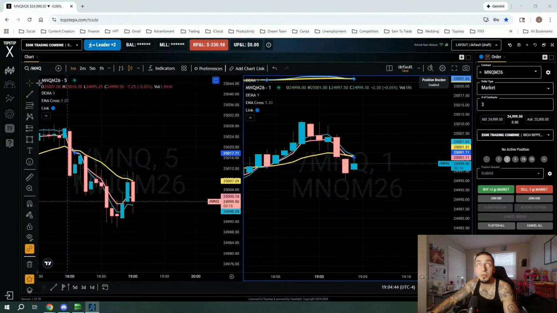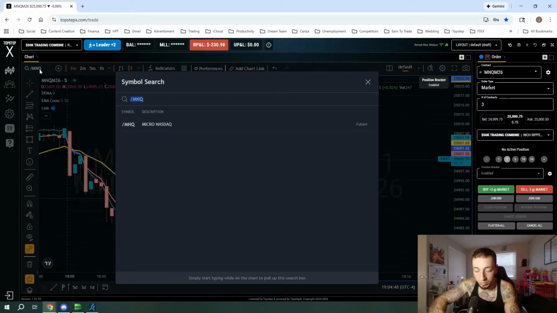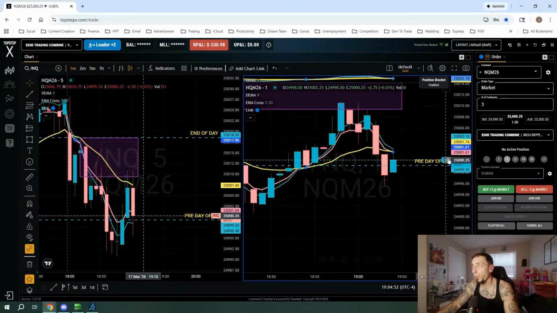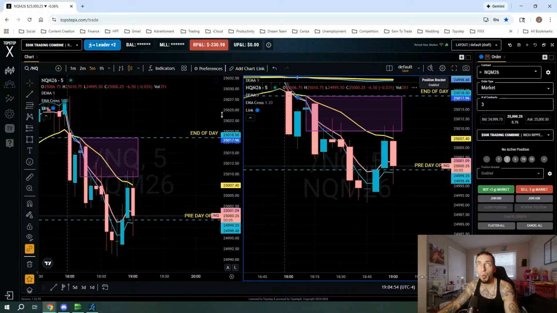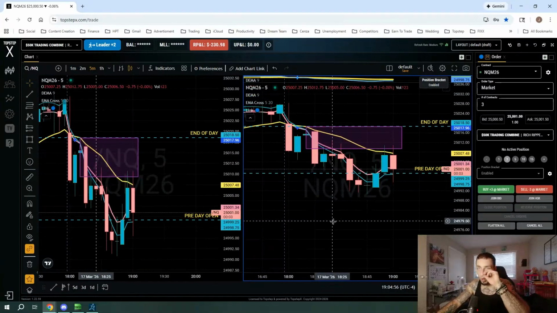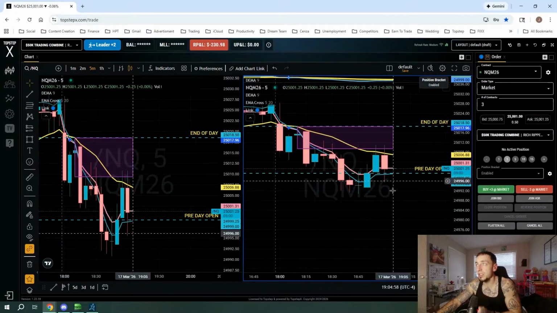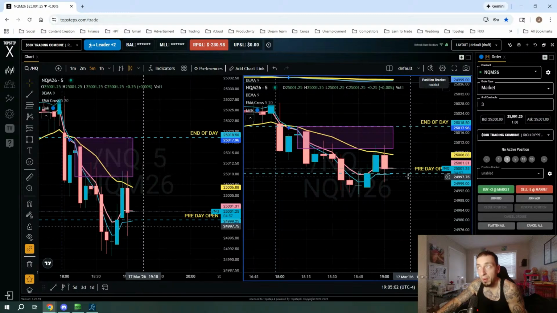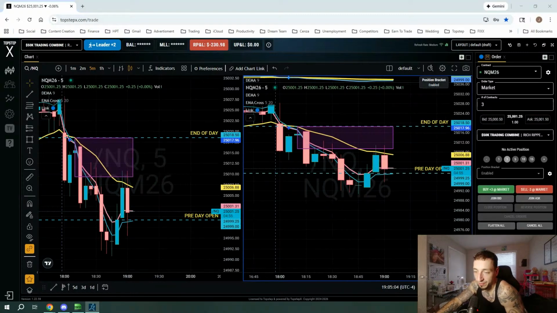Coming up here into 2,500. We're right at that key level, though. She's sketchy. I like seeing that hold, but buyers are holding that level.